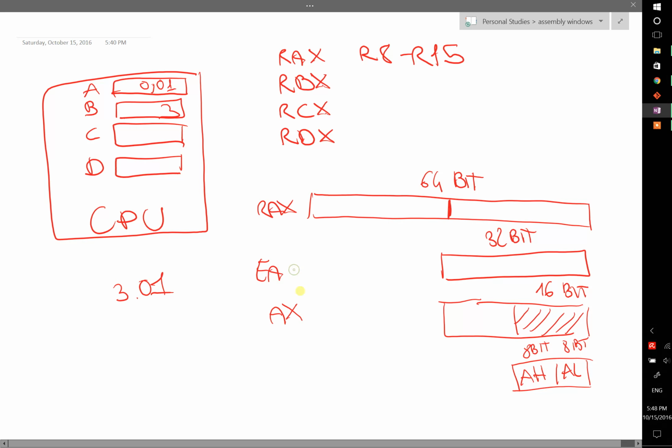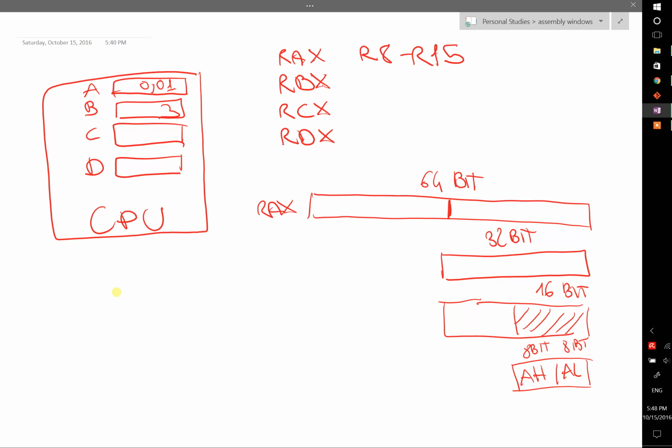And those registers were actually added in x64, because before you needed to use the floating point registers inside the FPU, floating point unit, but x64 actually changed that and gives some general purpose registers, so it makes our life easier. This is what we're going to use in our x64 assembly.